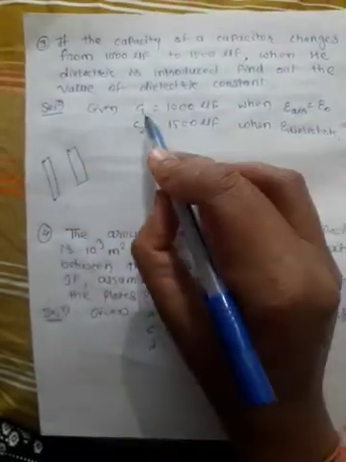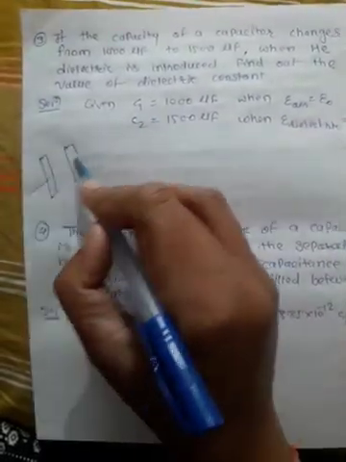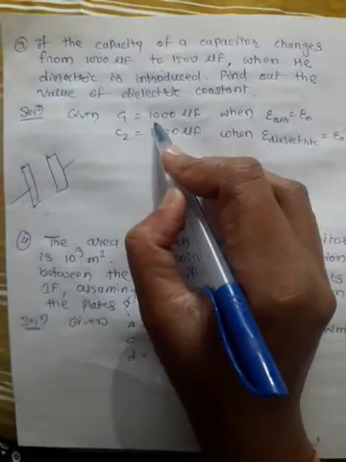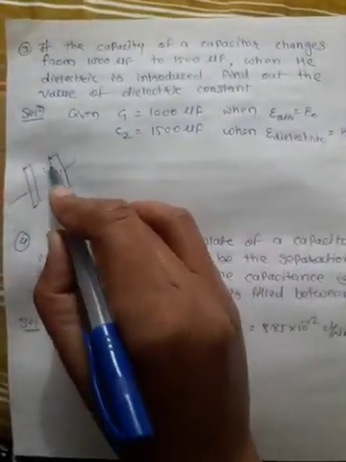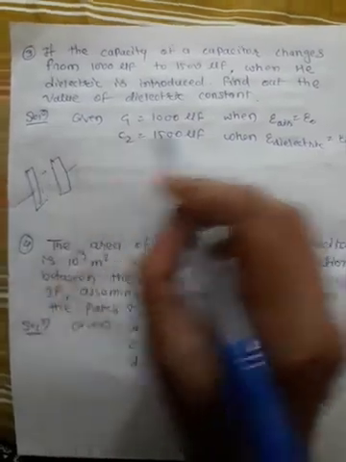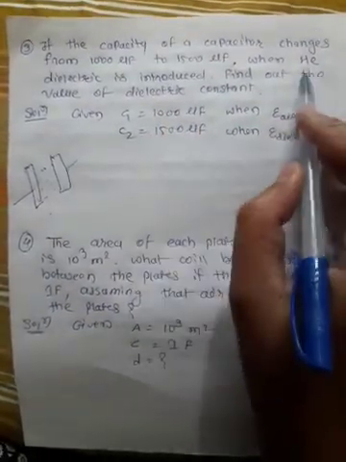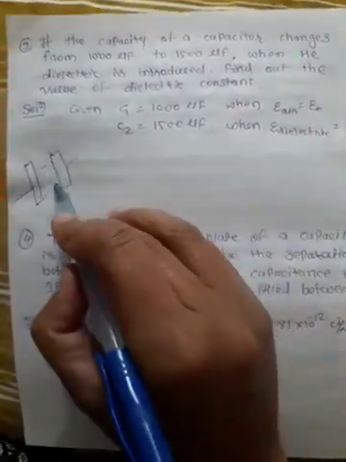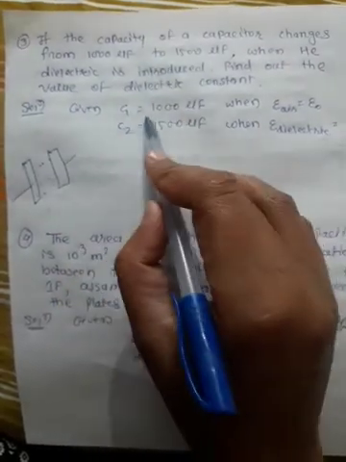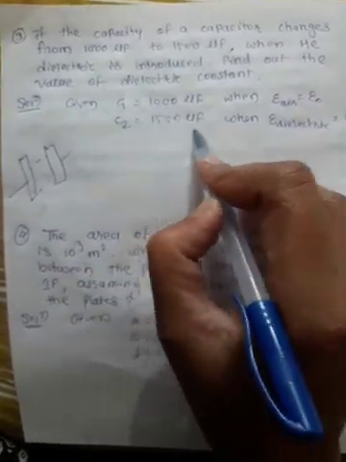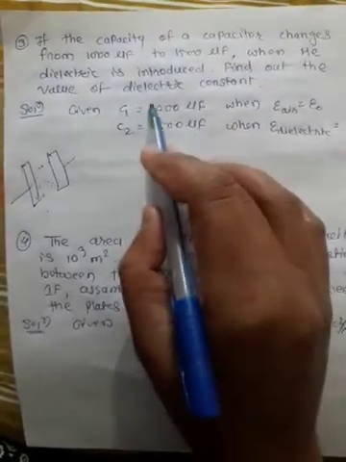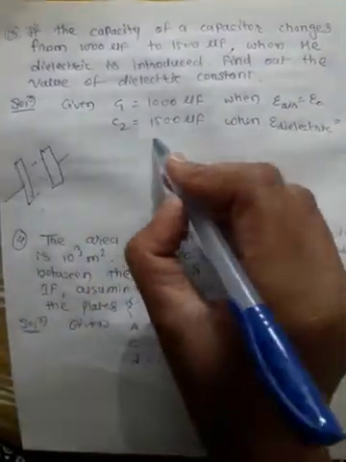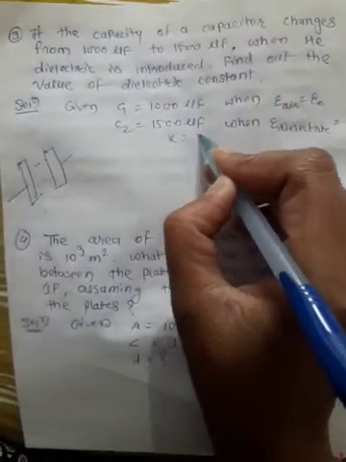Previously the capacitance was 1000 microfarad when air was between the plates. After we introduce the dielectric medium, the capacitance changes from 1000 to 1500 microfarad. We have to find the value of K.